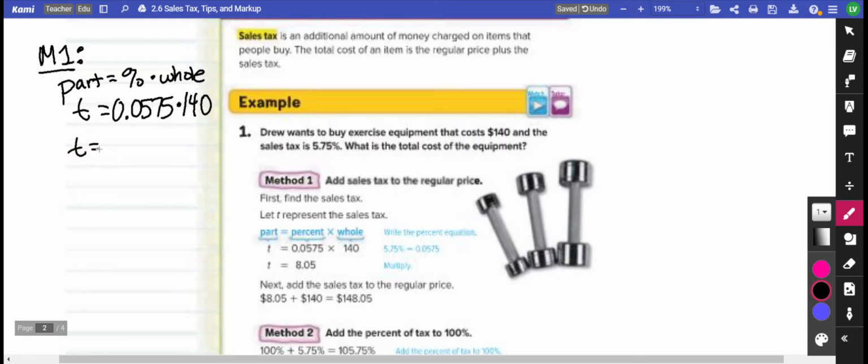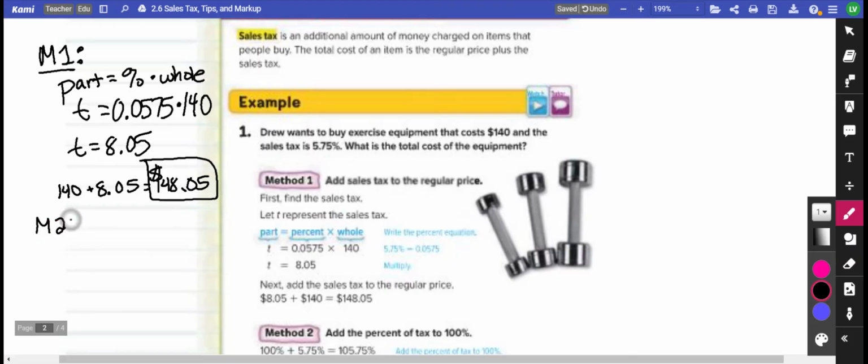So that means that our part is going to be 8.05. So the next thing is to take that answer and add it to our whole price. So I'm going to take 140 and I'm going to add $8.05. So that gives me $148.05. That's how much the equipment's going to cost.